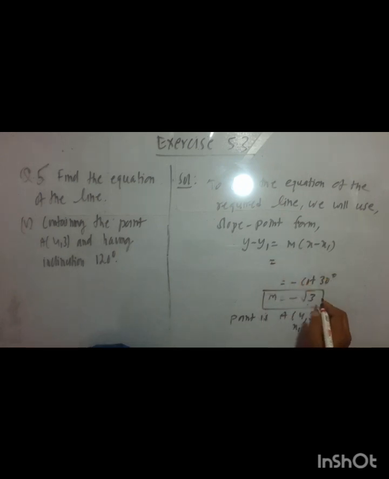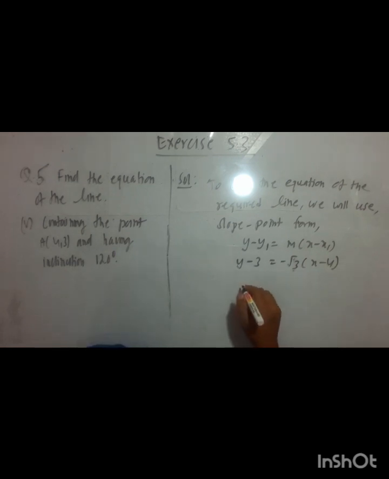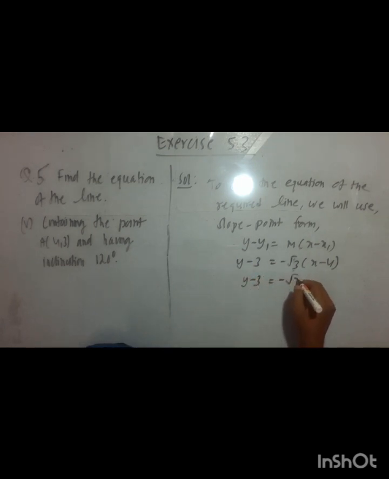Substituting the values, the slope is minus root 3, y minus y1 is y minus 3, and x minus 4. So it will be y minus 3 equals minus root 3 x plus 4 root 3.